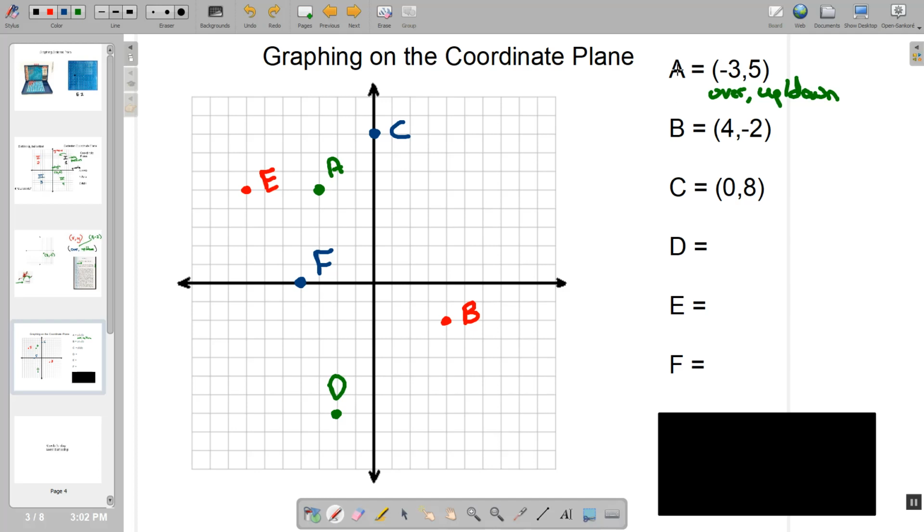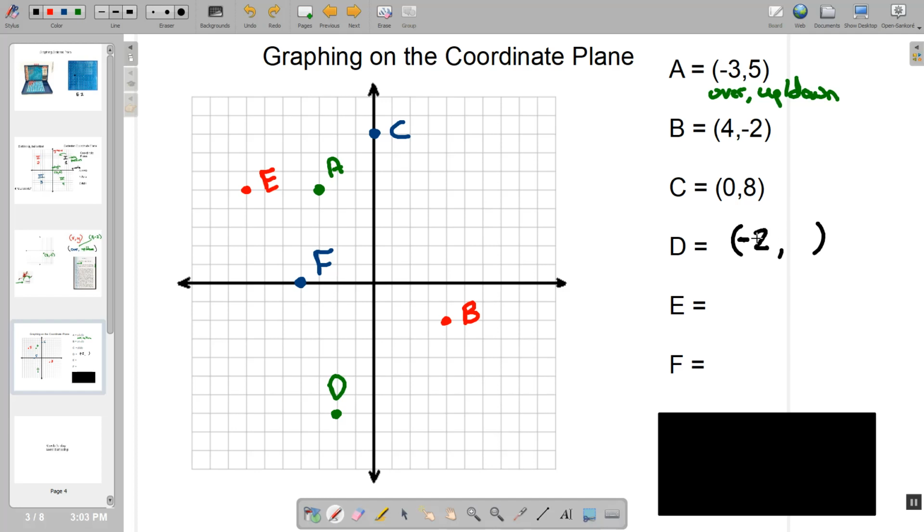Let's take the point that's already graphed, point D, and I have to write it as an ordered pair. Well, to start, I always want to write my 2 parentheses with my comma to remind me that it is 2 separate points to make one location. So, point D, from the origin, I went left, therefore my over is a negative, and I went left 1, 2.